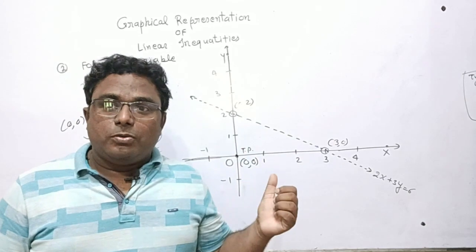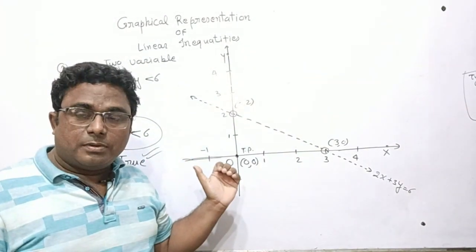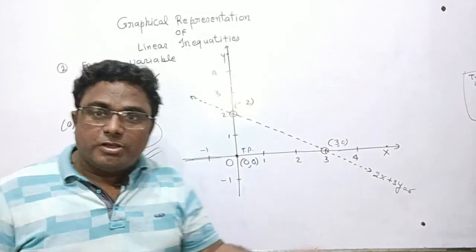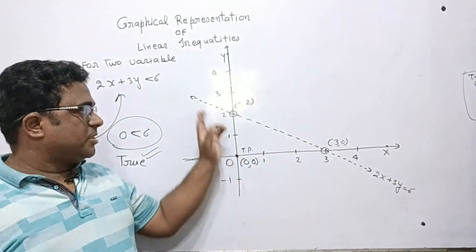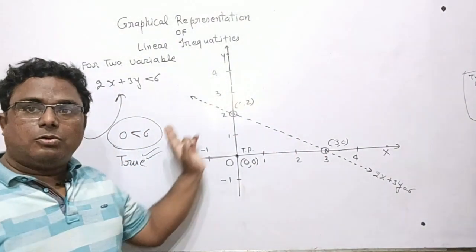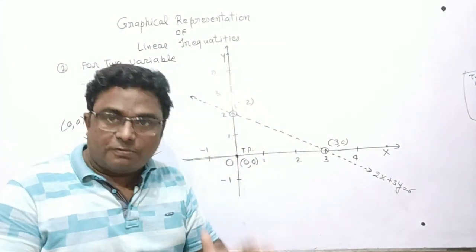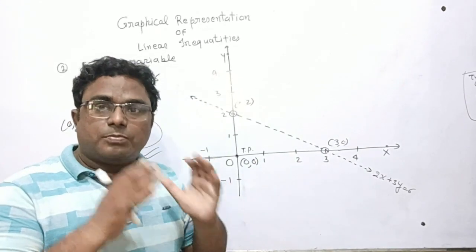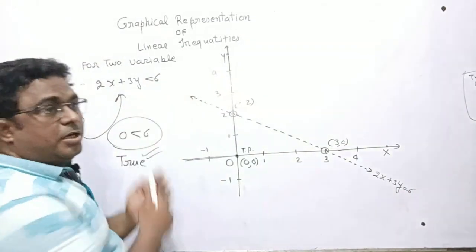Now, you will select the upper half or lower half. You will select the portion in which the testing point is present. Our testing point is present in the lower half region. So the lower half part of the Cartesian plane is the solution region for the given inequality.